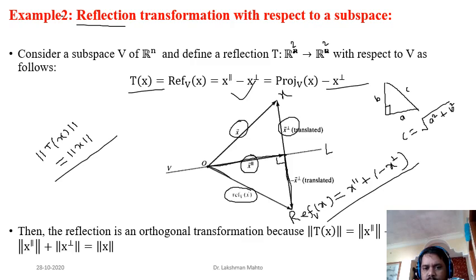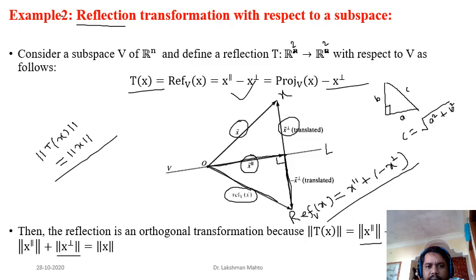We know that x parallel is perpendicular to negative of x perp. This is the largest side, so the norm squared of this one would be the norm squared of this plus the norm squared of this. But we also know this is just the negative of x perp, so the norm of negative of x perp is equal to the norm of x perp.